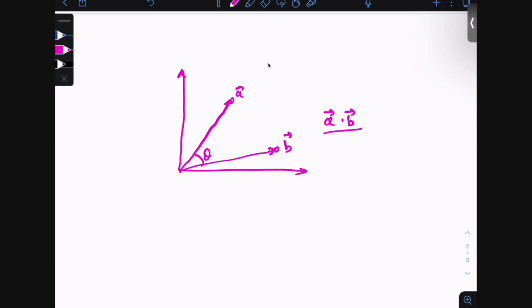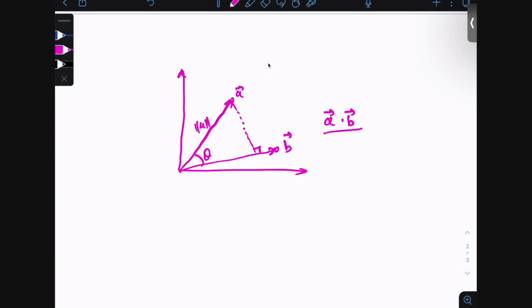The dot product A dot B is defined as the projection of A onto B. You draw a perpendicular line from A to B. In trigonometry, this will be norm of A, which is just the scalar quantity, the length of A, and this vector is defined because it has a direction also.